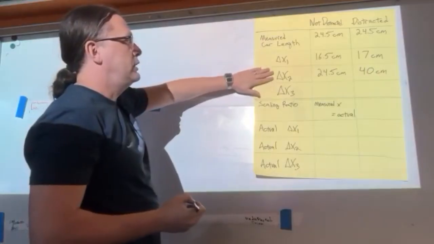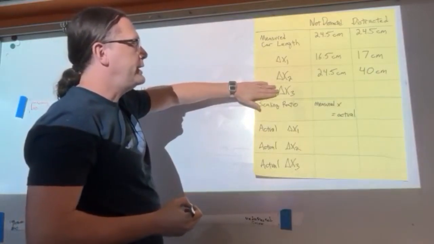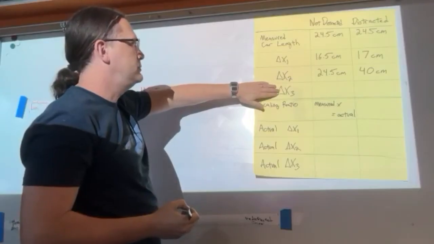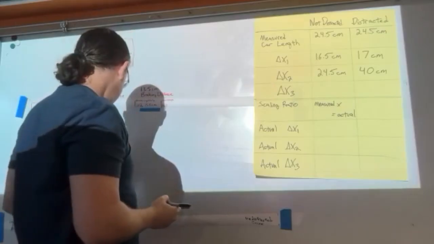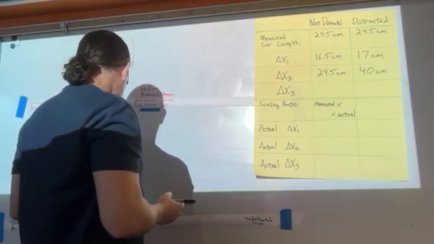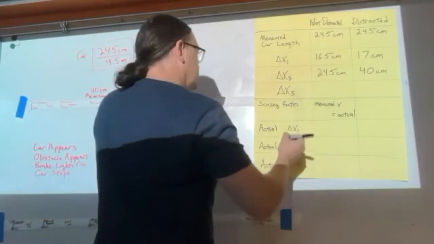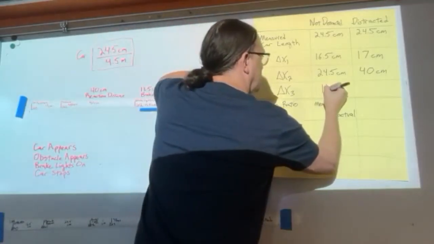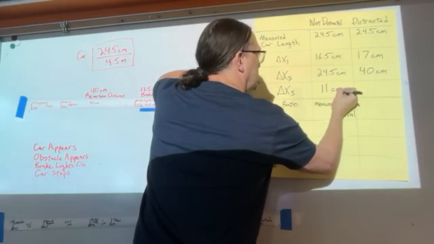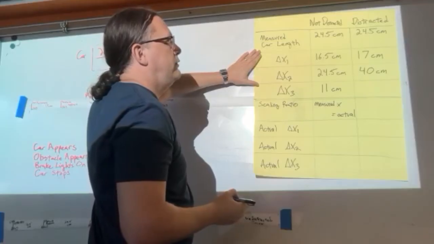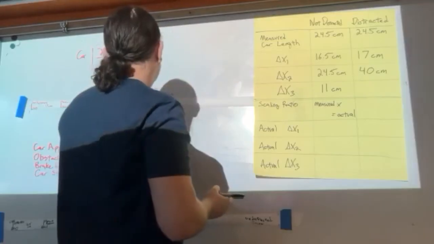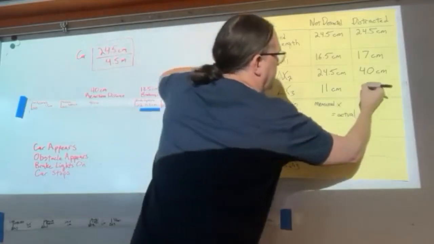And that was our reaction distance. Our braking distance up to position 3 for the not distracted driver was 11 centimeters. And for the distracted driver, it was 13.5.